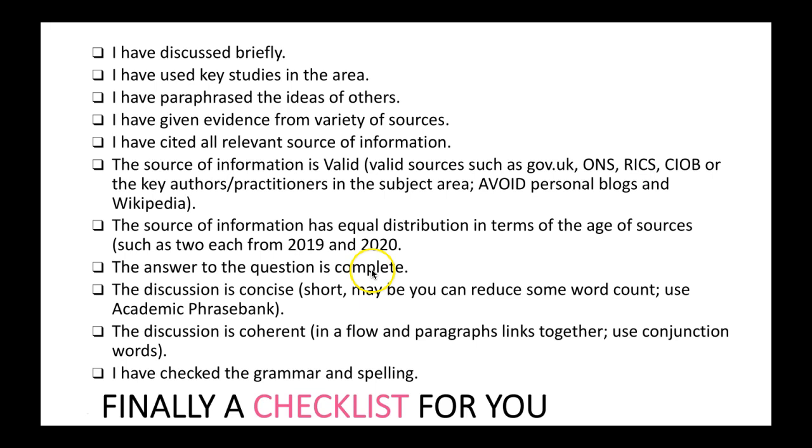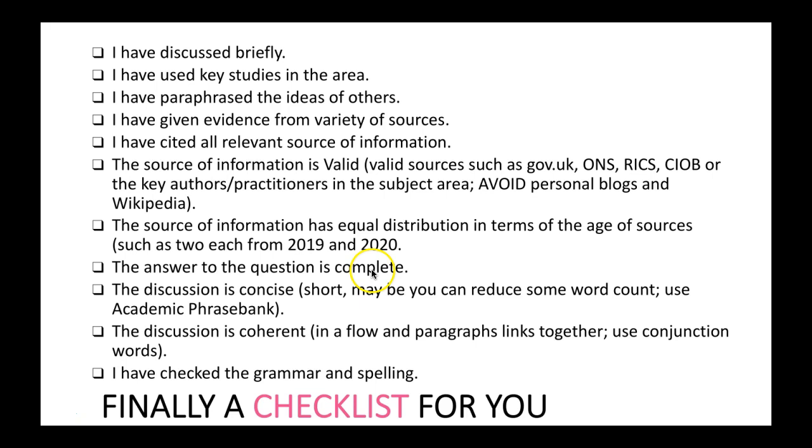We talked about paraphrasing with the students. Then you can look at, I have given evidence from a variety of sources. I have cited all relevant sources of information, and the sources of information are valid. The valid sources, such as the government website, RICS, Office for National Statistics, or any other key authors.